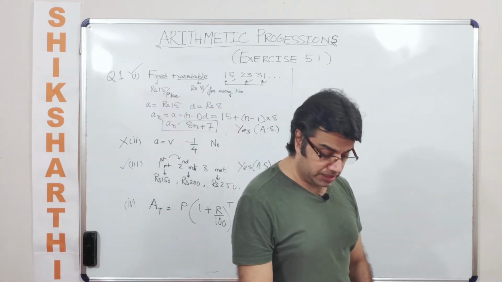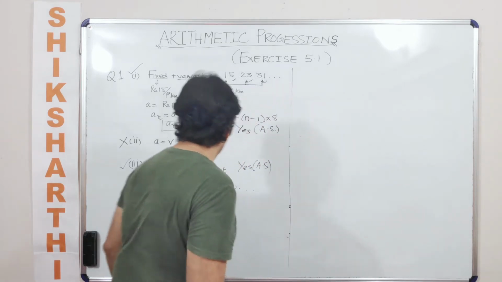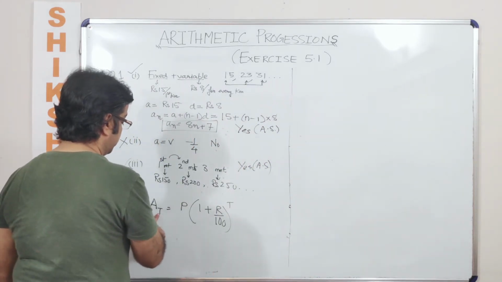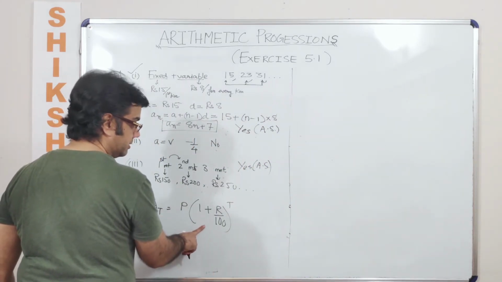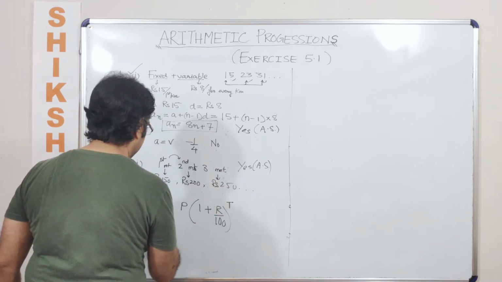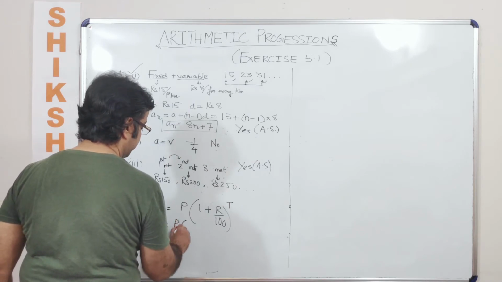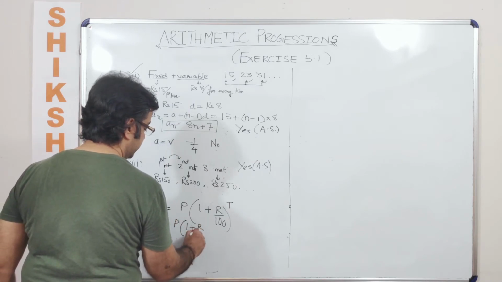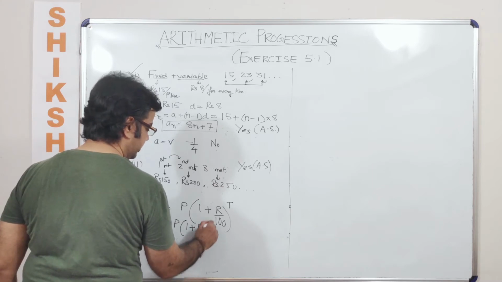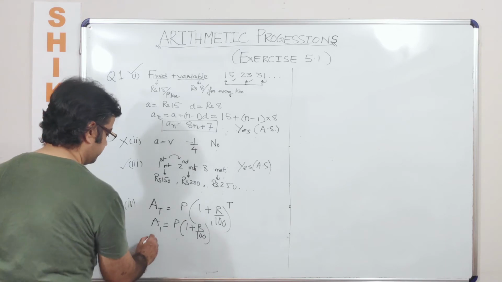Here the amount increases every year at the rate of 8%. So now if I have to find out the amount after 1 year, I am having a power. So you will say that the amount after 1 year will be nothing but P times (1 plus r by 100) to the power 1. Without even substituting values, you can ascertain what we are going to ascertain in the next few minutes.